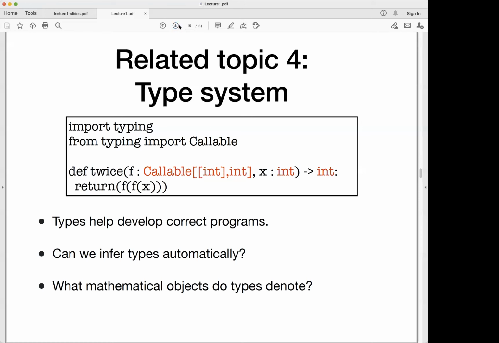So ideally, we would like to have a programming language that infers types automatically. Sometimes it's possible, sometimes it's not. And the study of type systems in programming languages provides an answer for this question. In fact, for some type systems, such as the one implemented for OCaml, type inference is possible.